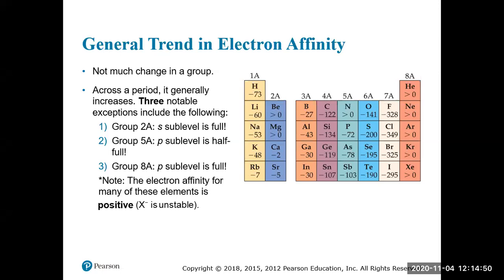If you see an electron affinity that's positive, what that means is that picking up that electron is unstable. And so what that means is you don't see the anions. The electron just doesn't get picked up. So the ones that say greater than 0, that's just telling you that for all practical purposes, those don't exist.